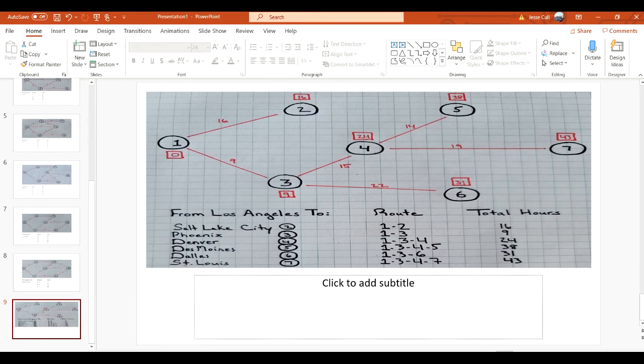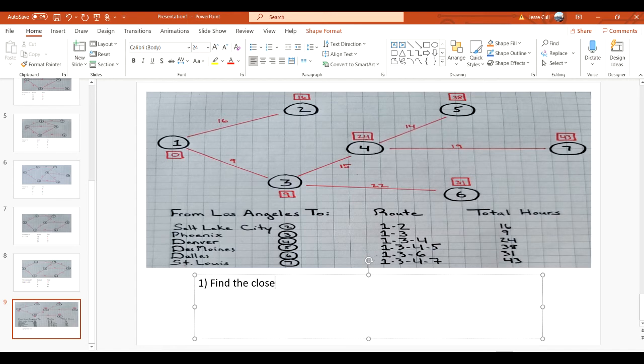And the key steps are: 1, find the closest connected to the origin.